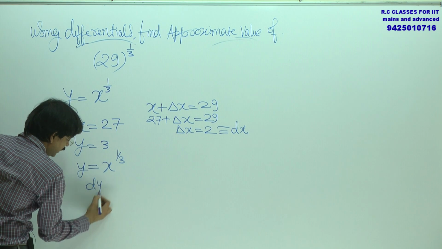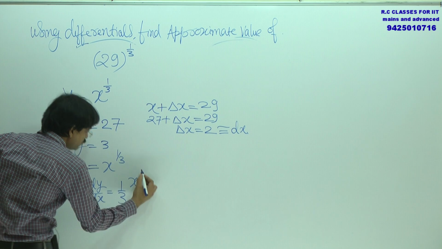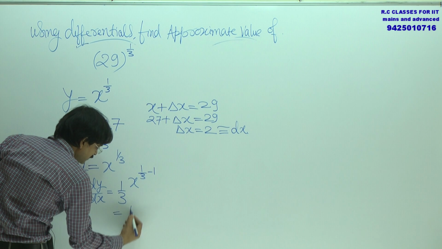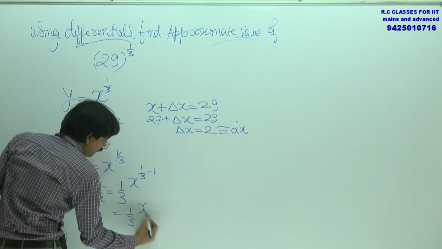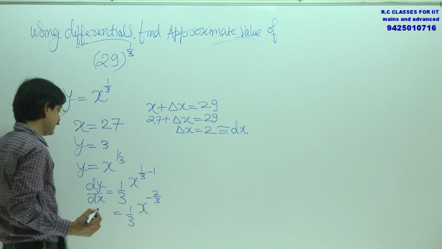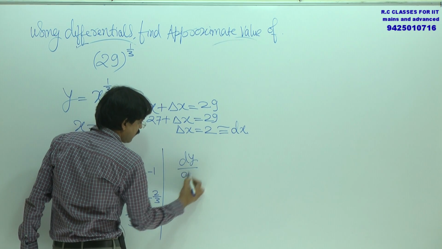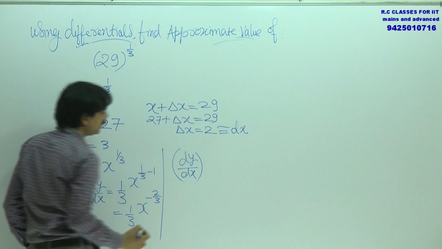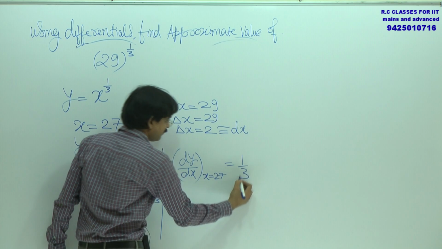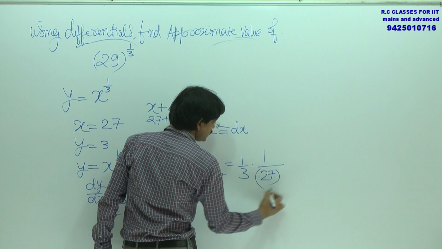We are going to differentiate that. It is dy by dx is equal to 1 by 3 x raised to power 1 by 3 minus 1, which is equal to 1 by 3 x raised to power minus 2 by 3. Right? That is dy by dx. So we are going to calculate dy by dx at x equals 27: 1 by 3 into 1 upon 27 raised to power 2 by 3.